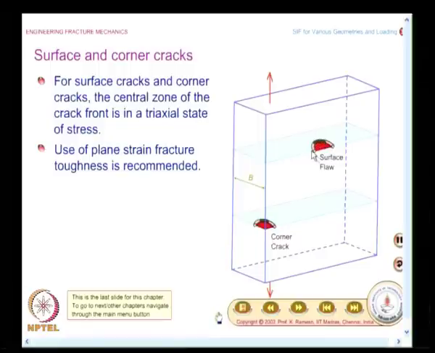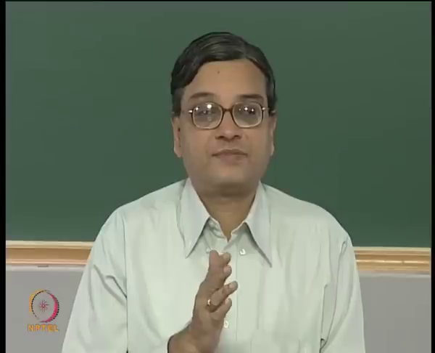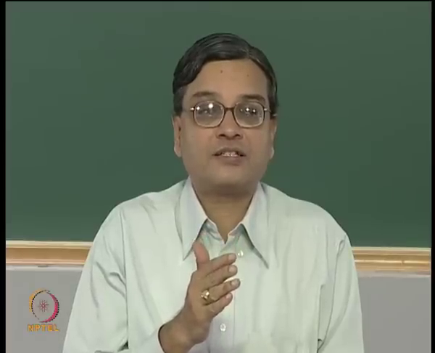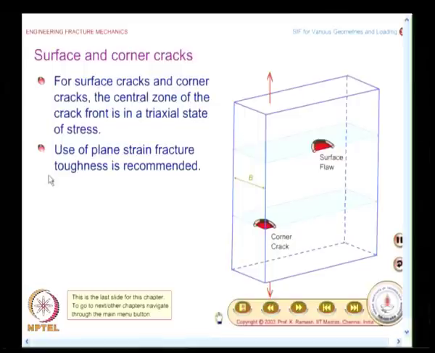And if you consider a cylinder of material close to the curved crack front, the inner zone is experiencing a triaxial state of stress. This is depicted by a shaded region. So, whenever you have a triaxiality constraint, the recommendation is you have to use plane strain fracture toughness for your instability calculations.